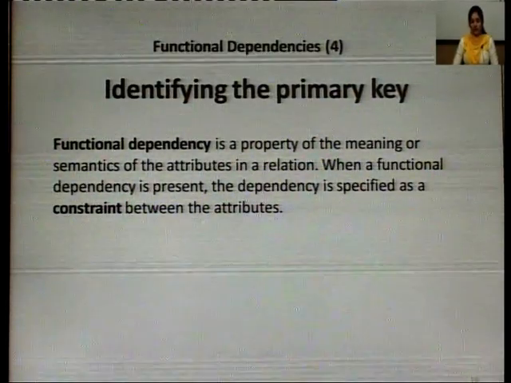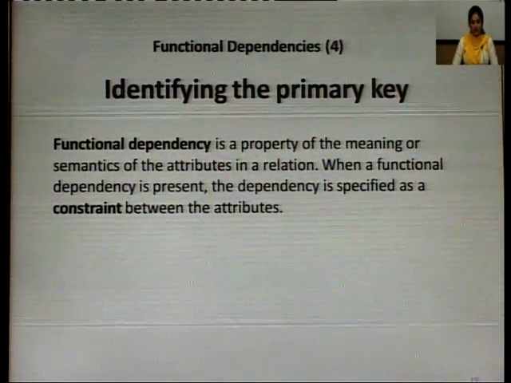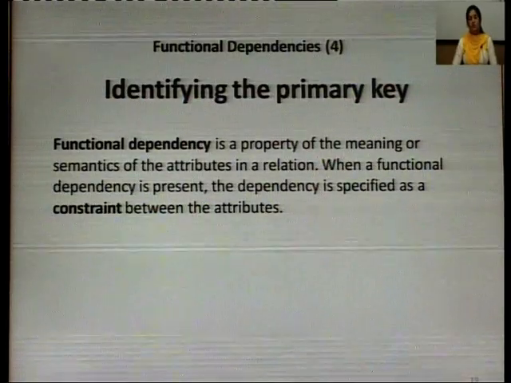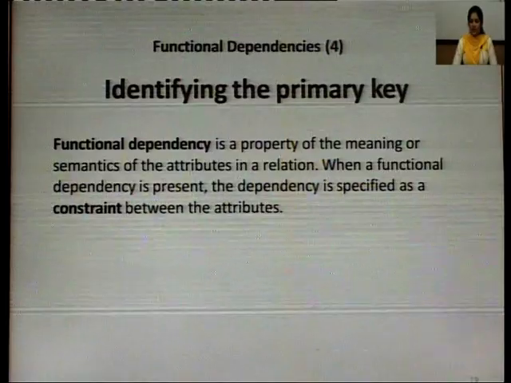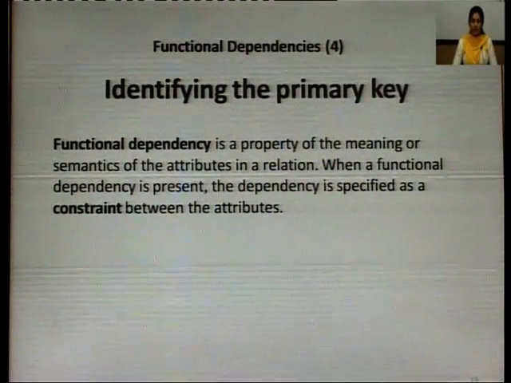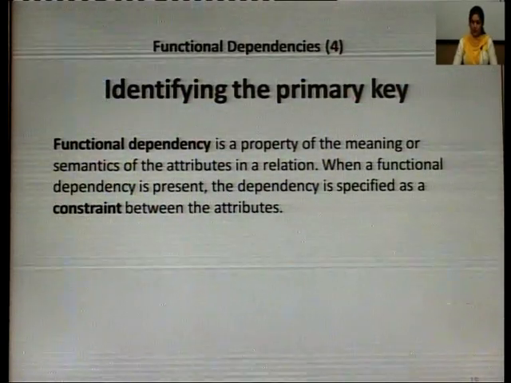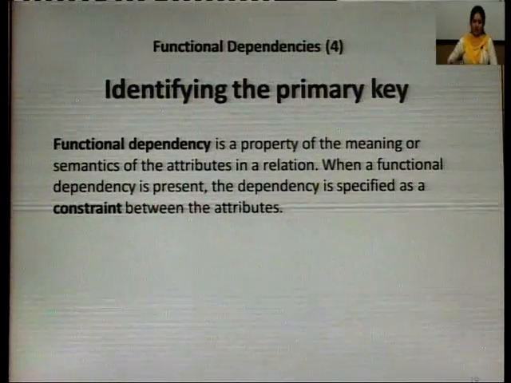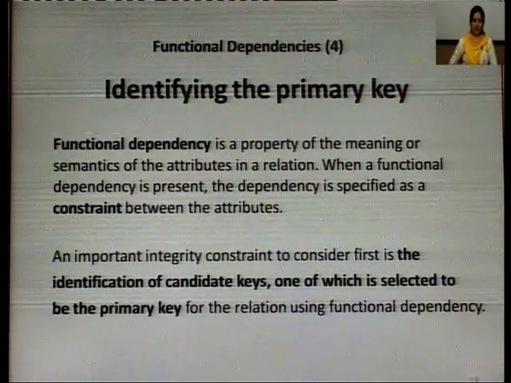When a functional dependency is present, the dependency is specified as a constraint between the attributes. If one attribute is functionally dependent upon another attribute, it will be treated as a constraint, some sort of primary key or candidate key.